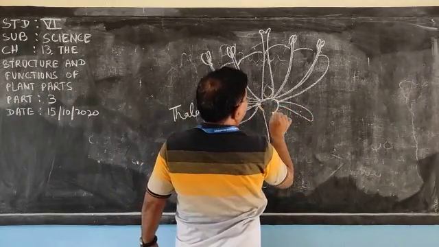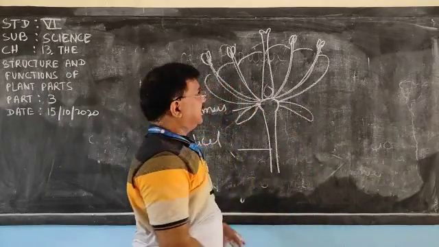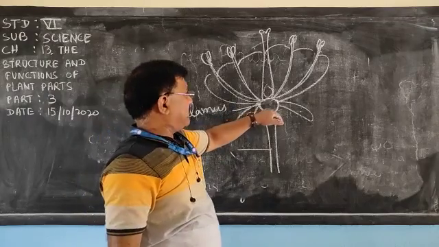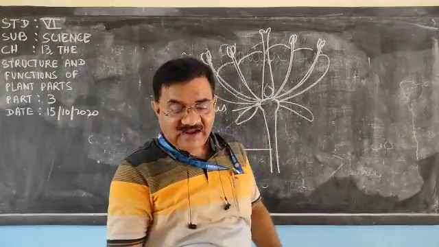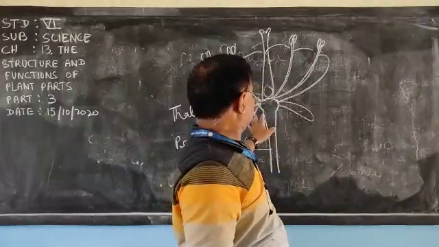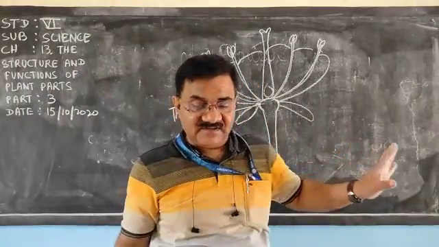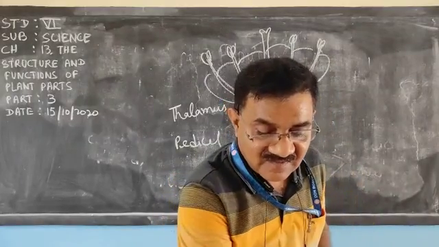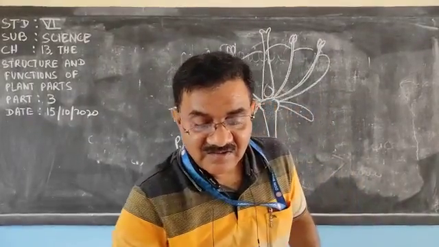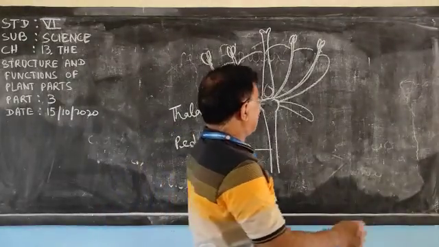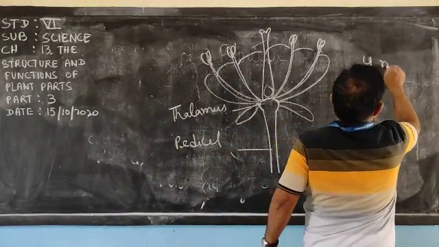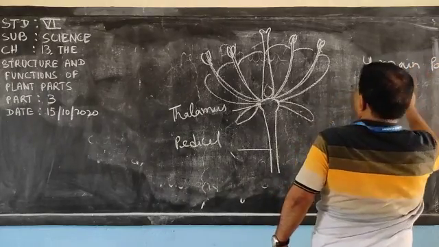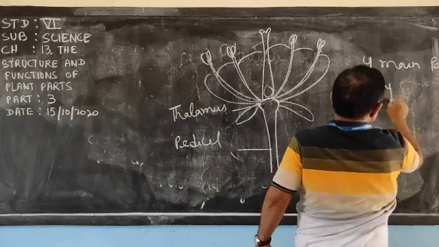Now let us discuss each and every part in detail. This is a flower, this is the pedicel, and the upper part of the pedicel is swollen and it is called the thalamus. Now, a flower may have four main parts. Those four main parts are, first, calyx.